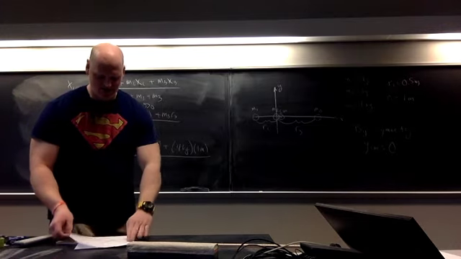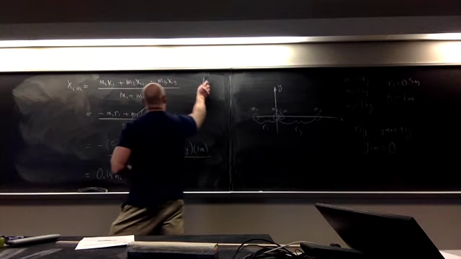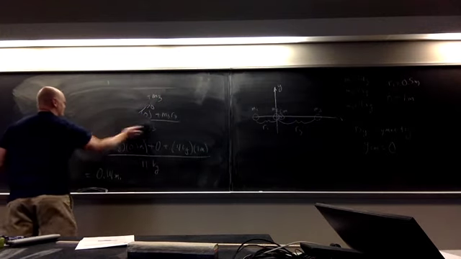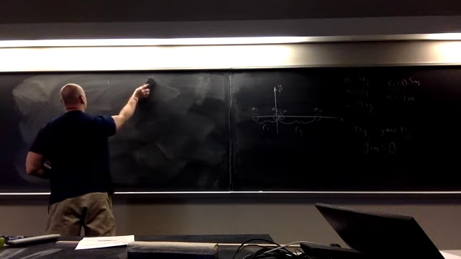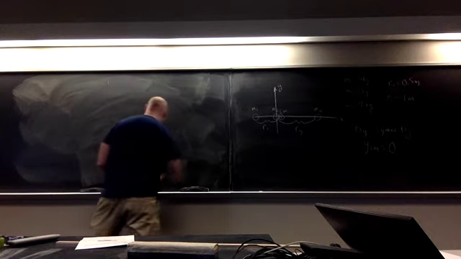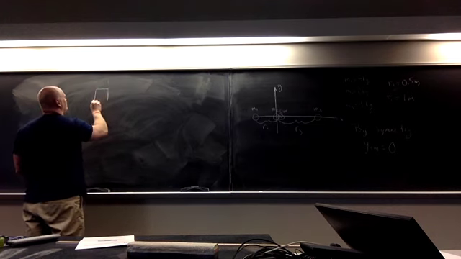So the next example says that we have a T-shaped object where the object has uniform density. So we again want to determine the center of mass location of this object.